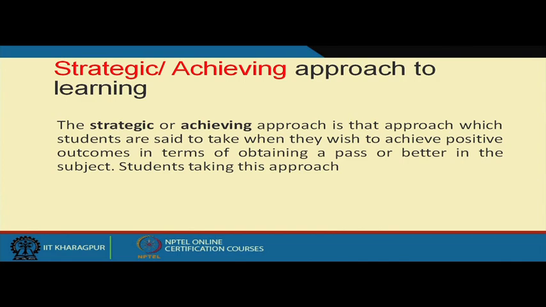Sometimes some students get very good marks and we feel that they are very good students, but actually they may not be, because the grade is very important to them. So, the strategic or achieving approach is that approach which students are said to take when they wish to achieve positive outcomes in terms of obtaining a pass or better in the subject.